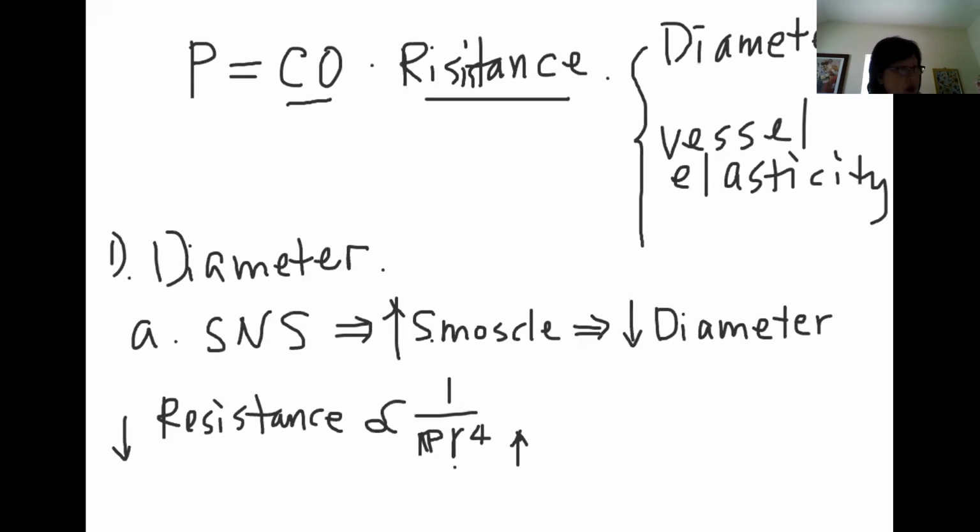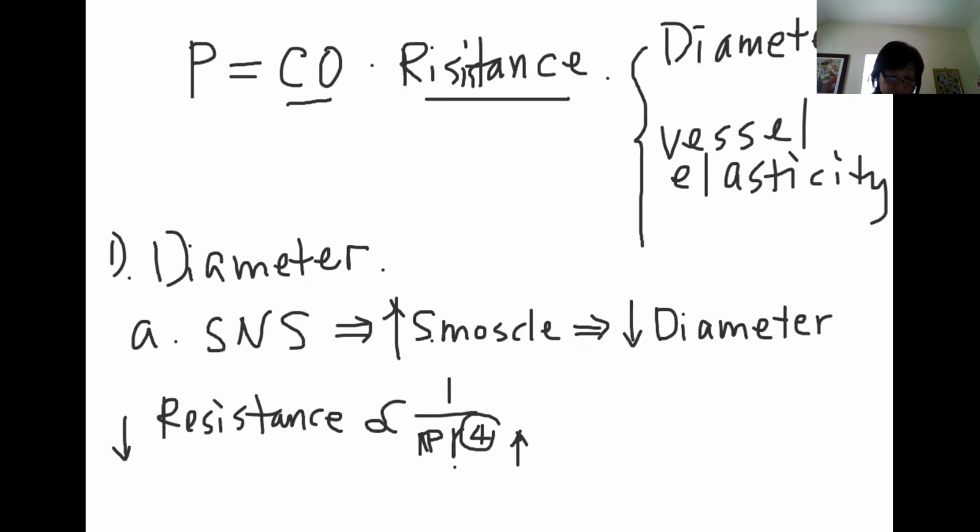If you double the radius size of this particular vessel, then the resistance will decrease 16 times, because it's the fourth power. So now you can understand the teeny tiny bit change in the vessel size has a dramatic effect on the total resistance.